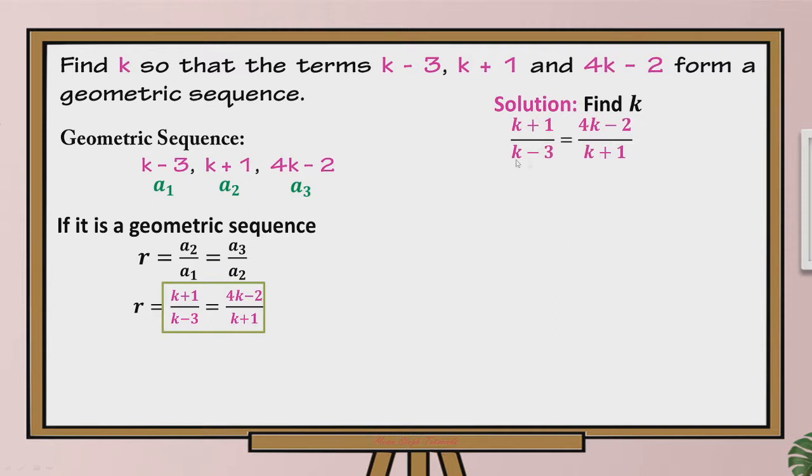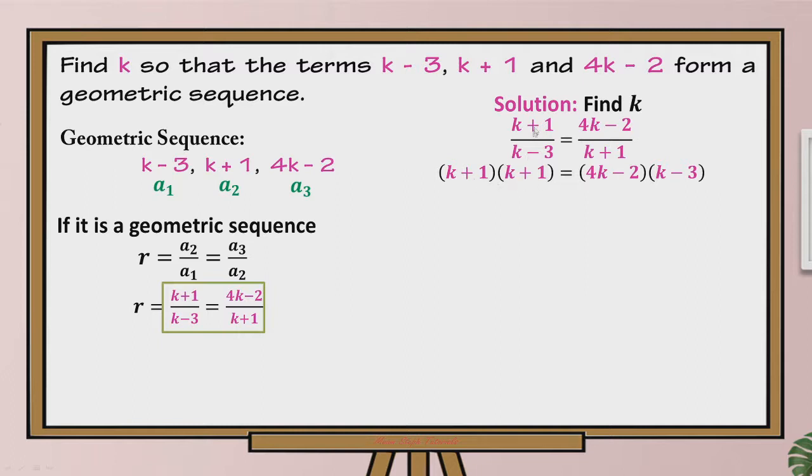So, if we have rational expressions on both sides of our equation, pwede nating i-multiply with k minus 3 at k plus 1 both sides. Pero, medyo mahaba-haba na rin yung process na yon. Kaya, pag ganito, the shortcut will be to cross-multiply the two fractions. Sa side na to, naging k plus 1 times k plus 1.